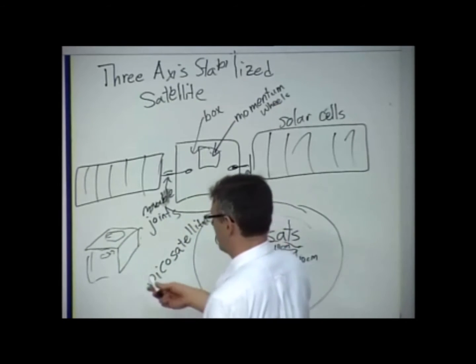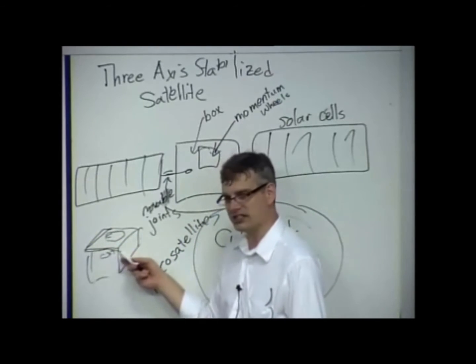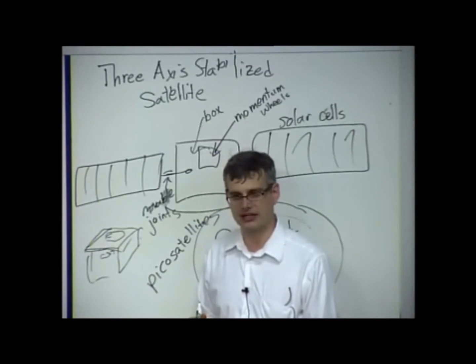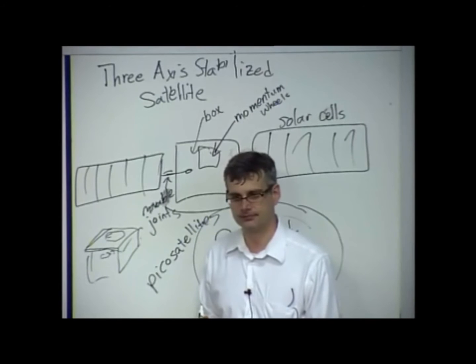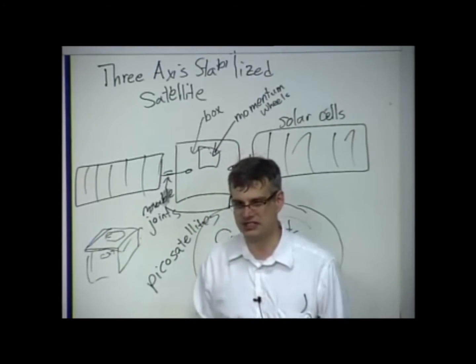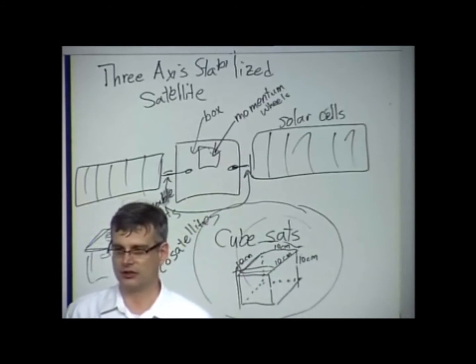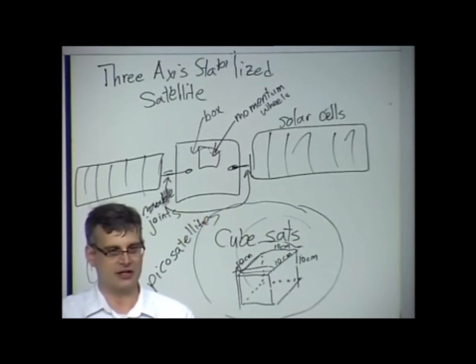Some people have even talked about using the superstructure itself as the antenna, designing it in such a way that it will actually radiate. That depends on the frequency and some other issues that we'll get into. Good question. Any other questions?